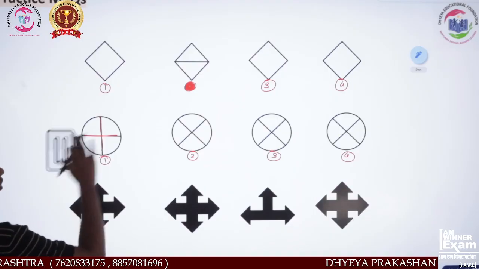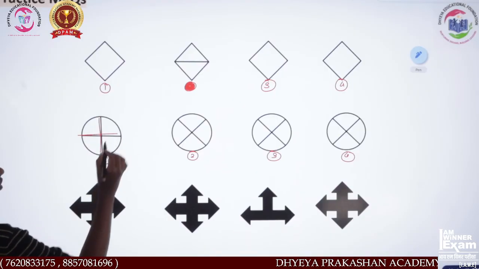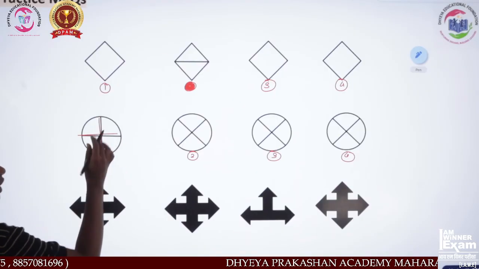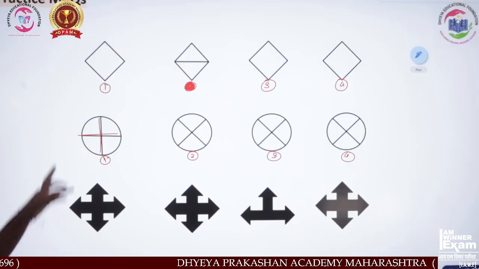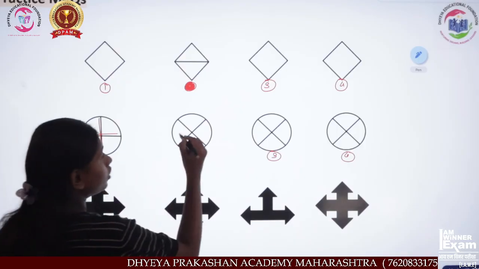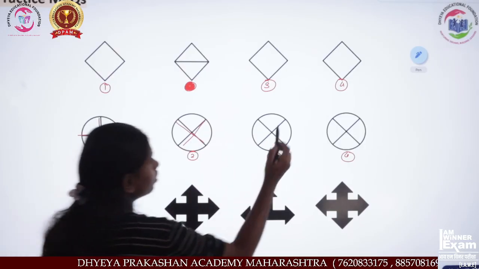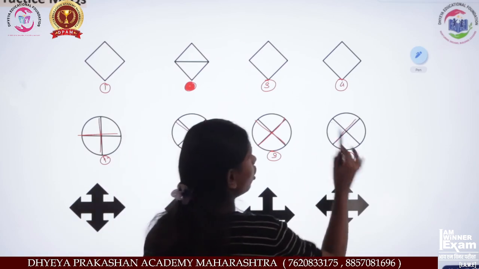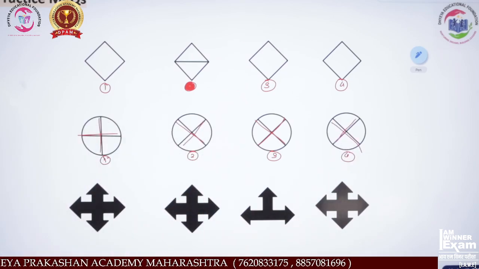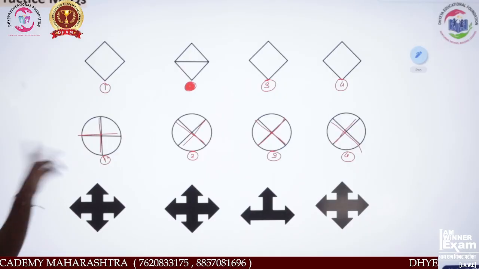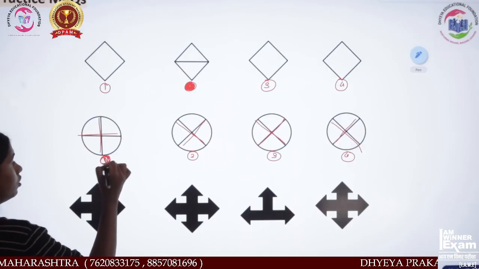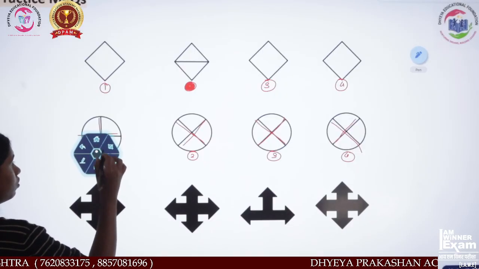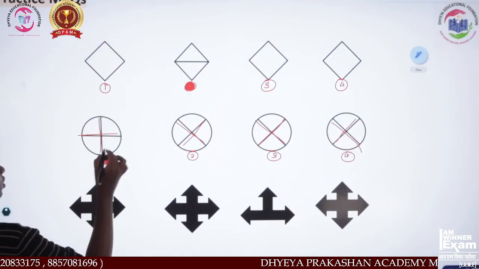The lines are like this, means a standing line and a sleeping line. But in all the other figures, the lines cross. So which is the different figure here? That is the first one. So you have to color the first one.